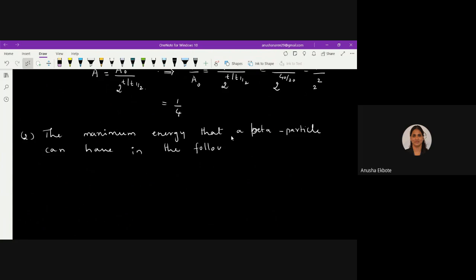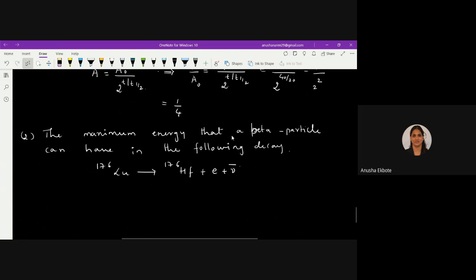There is a decay equation given to you. You need to solve it. The decay equation is 176 Lu goes to 176 Hf plus an electron plus an antineutrino.